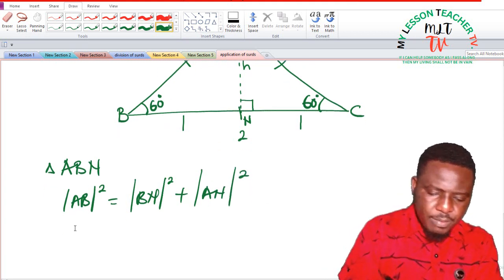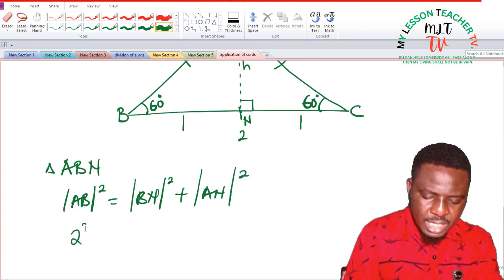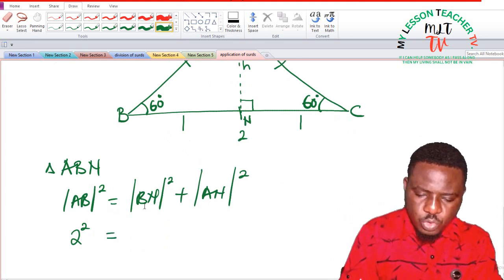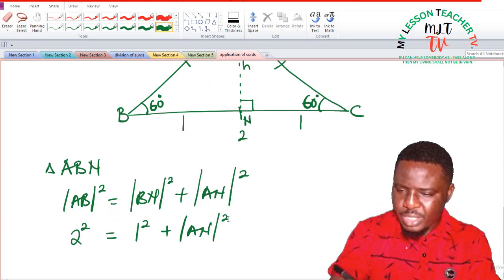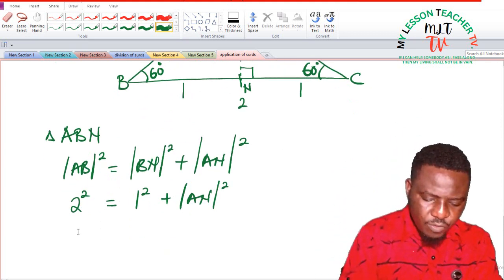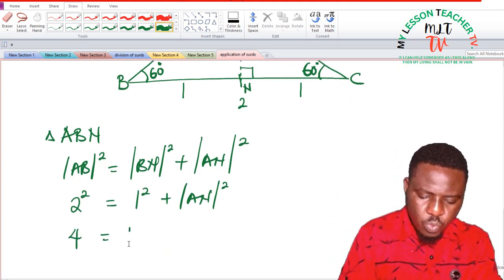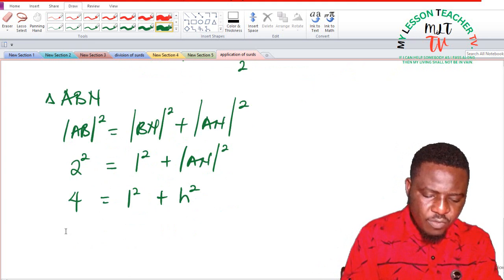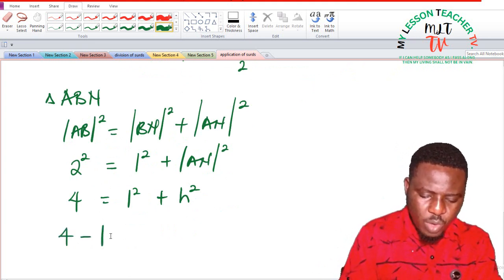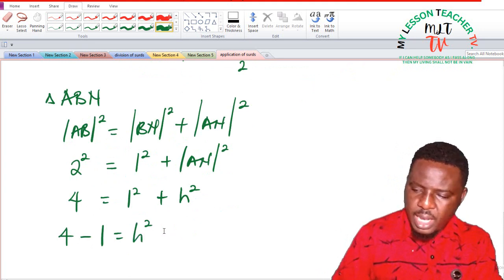But we have it that side AB is 2 centimeters. That means 2 squared will be equal to BN is 1, that is 1 squared, plus side AN squared, which is what we are looking for, and we tag that as H. It therefore means that 4 is equal to 1 squared plus H squared. Making H squared the subject of the formula, you are going to have 4 minus 1 squared, which is 1, is equal to H squared.